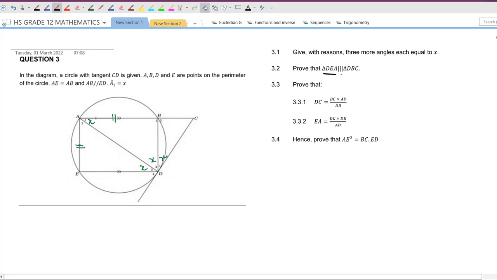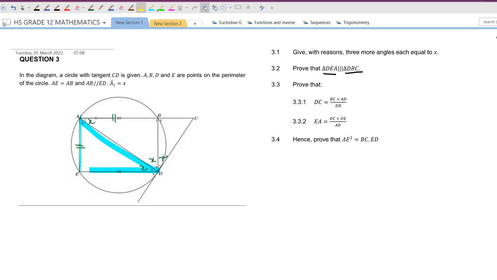Prove that DEA equals DBC. So it's always nice to go and highlight the triangles. The one is DEA, it's this one here, yellow one, blue one, and then DBC is this yellow one. So basically you need two angles that are exactly the same.